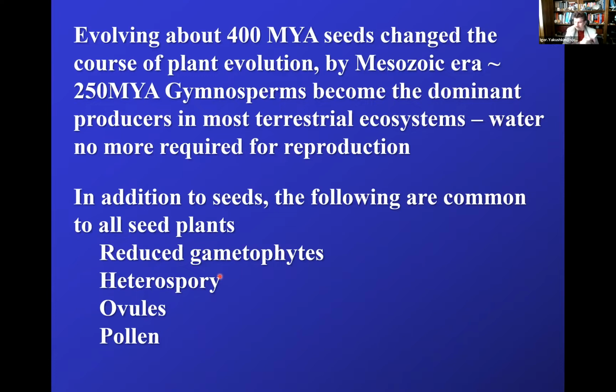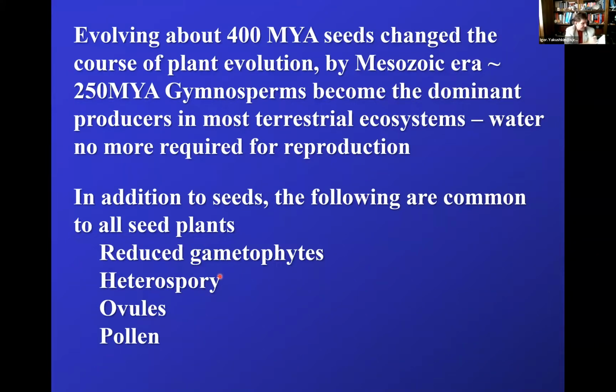If you have a plant, and today you'll see it in the lab, you will see that the spores are looking about the same size. You cannot tell that that particular spore will produce a male gametophyte, and that one will produce a female gametophyte.